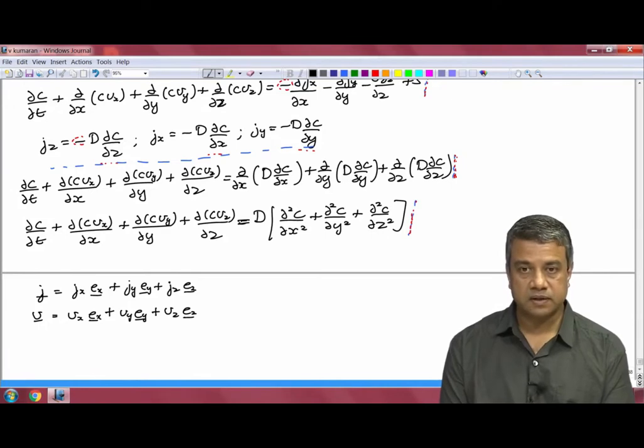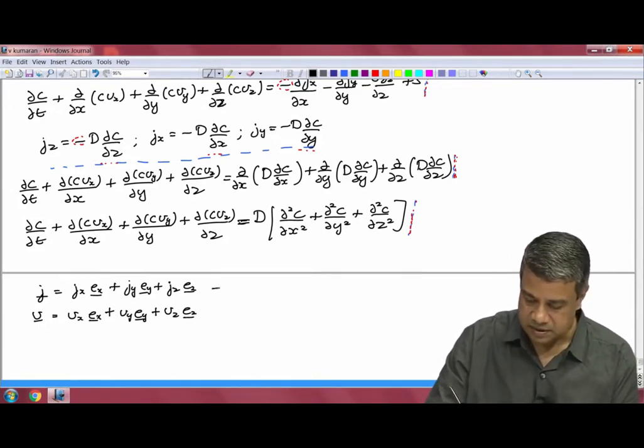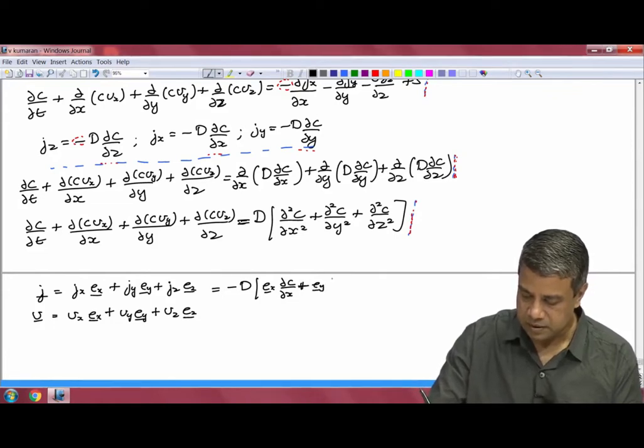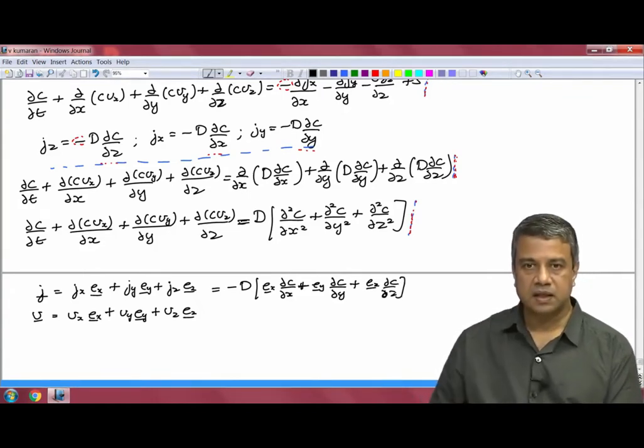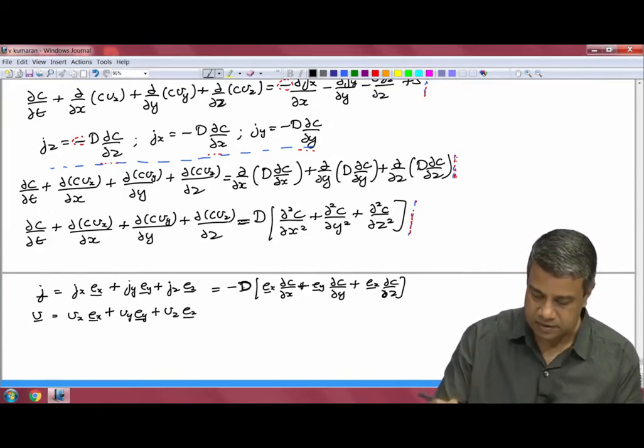If I substitute the constitutive relation into the expression for the flux, this becomes equal to minus D into Ex partial C by partial x plus Ey partial C by partial y plus Ez partial C by partial z. That is the expression for the flux if I substitute Fick's law for diffusion.